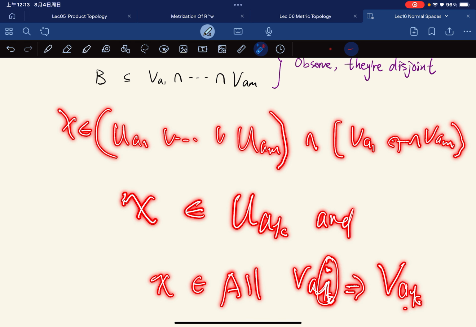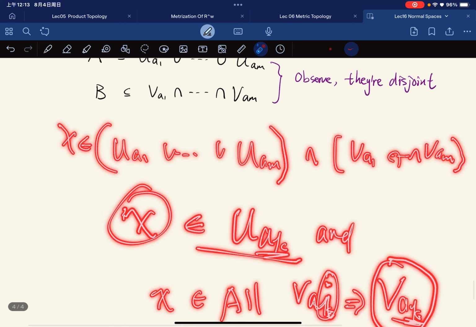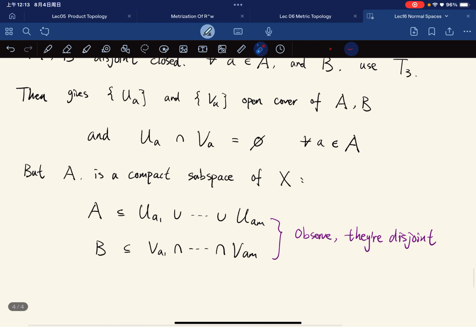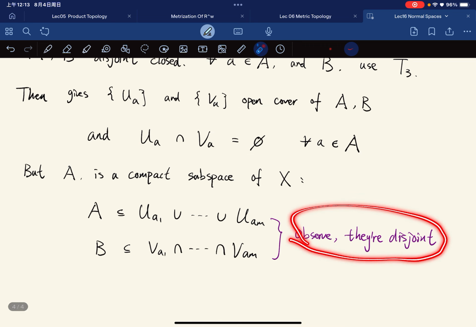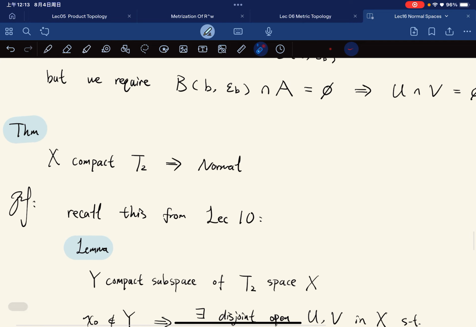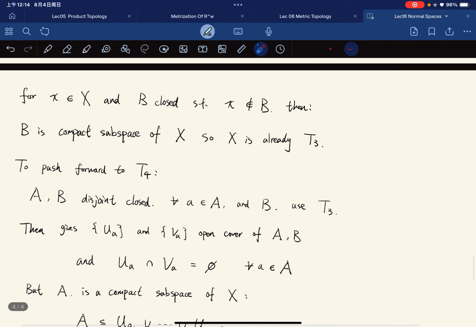So when i is equal to k, we see that x is in U_{ak} and also in V_{ak}, which is a contradiction. So this is really just observing that they're disjoint. So this is everything. Normal spaces, we see that familiar spaces are normal spaces.